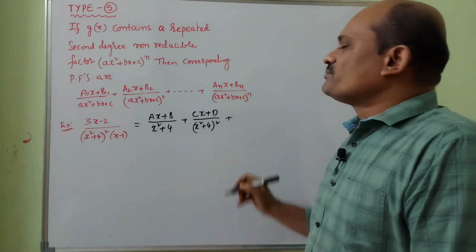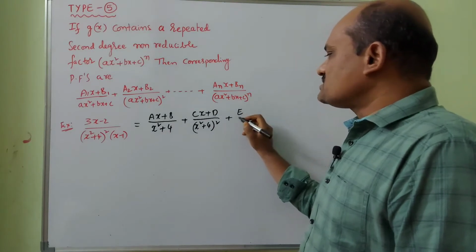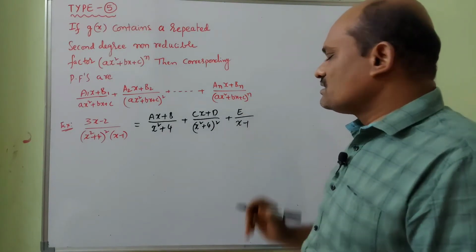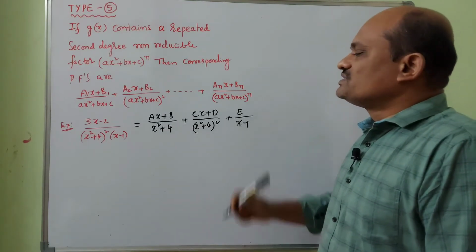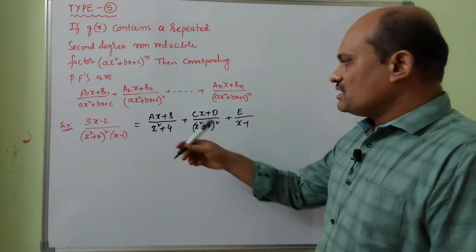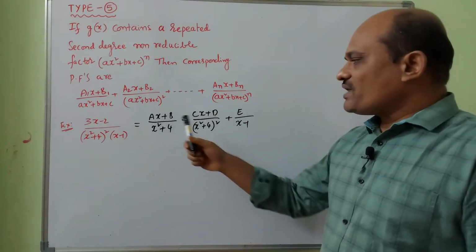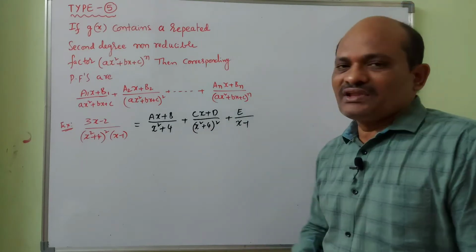After that, for the first degree factor you have to take a constant and write the corresponding partial fraction. So you will get 3 partial fractions here. Now here we have to find 5 values a, b, c, d, e.